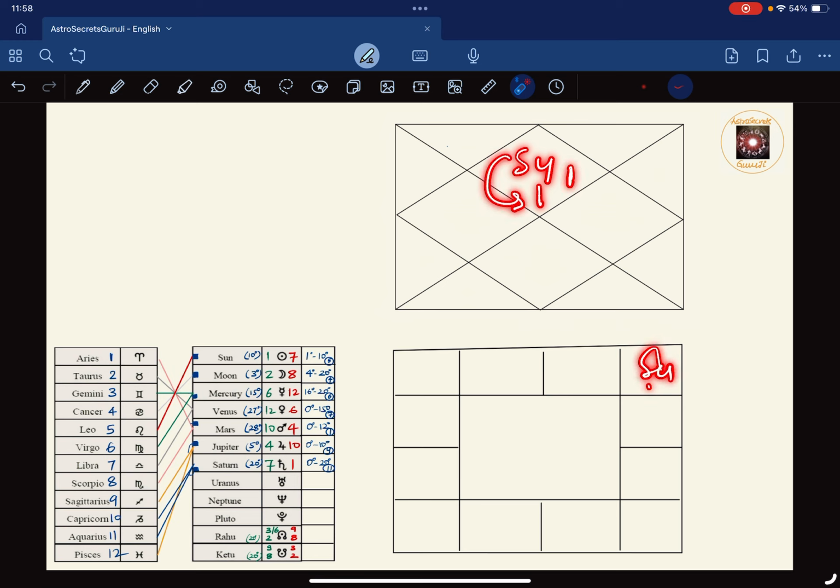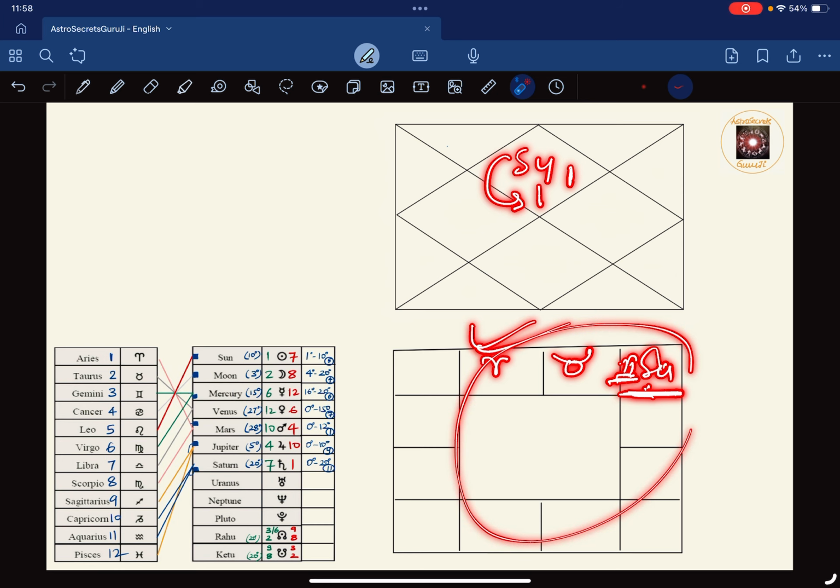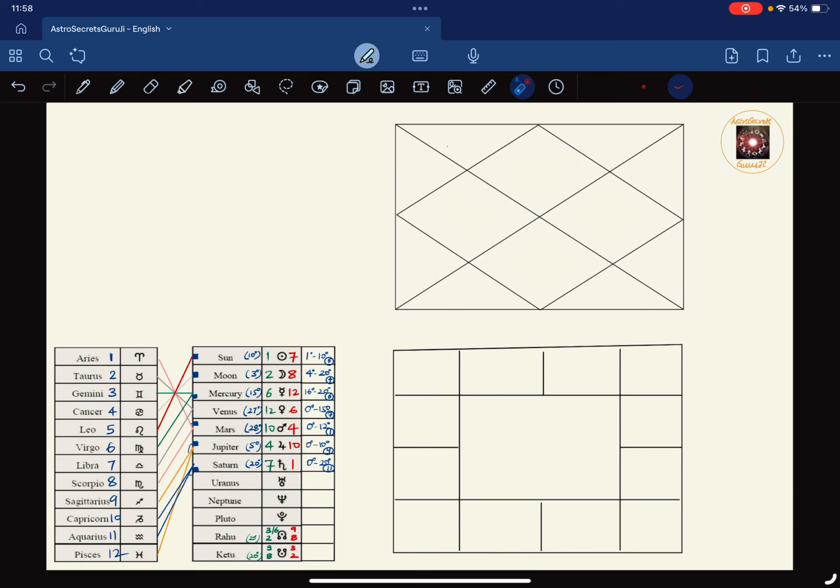If sun is mentioned here, it's Aries sign is here, then you have Taurus sign, and then third is this. So houses are not fixed here, but the signs are fixed here. If sun is seen here, then sun is in Gemini sign. And if sun is mentioned here, then sun is in Aries sign, but the house can be different here.